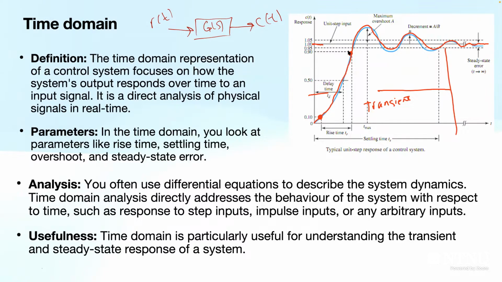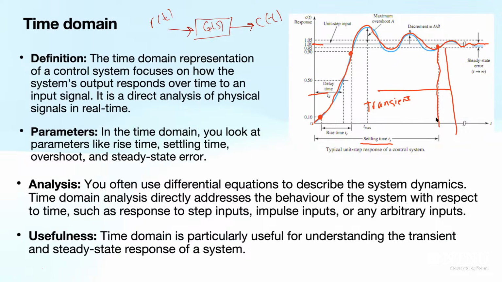We can also have something called settling time, as you can see here. The definition of the settling time is the time which the system will use to go from 0 to 95% of the final value, plus or minus 5%. When you reach 95% of your final value, you can say that now you are in steady state.